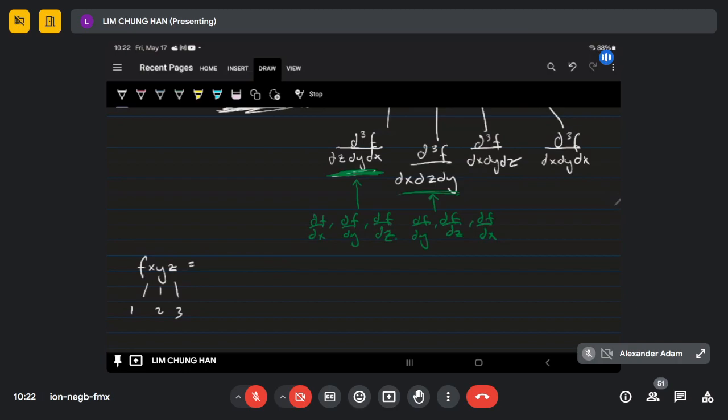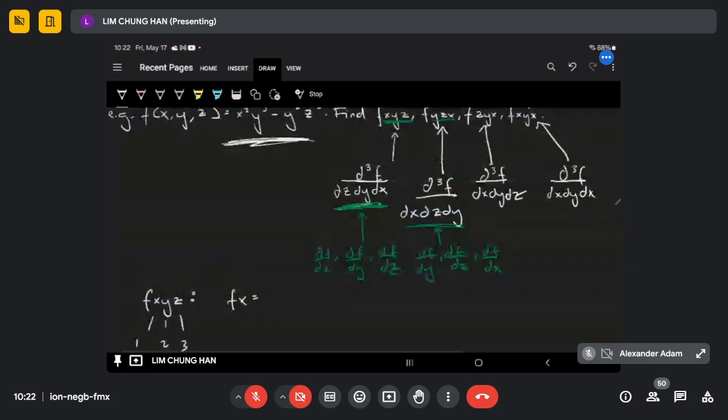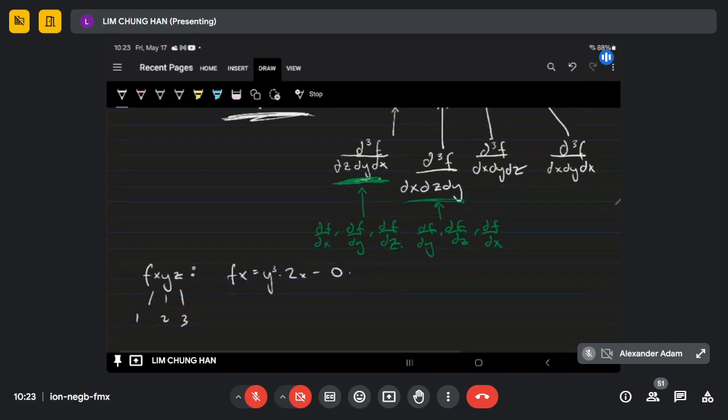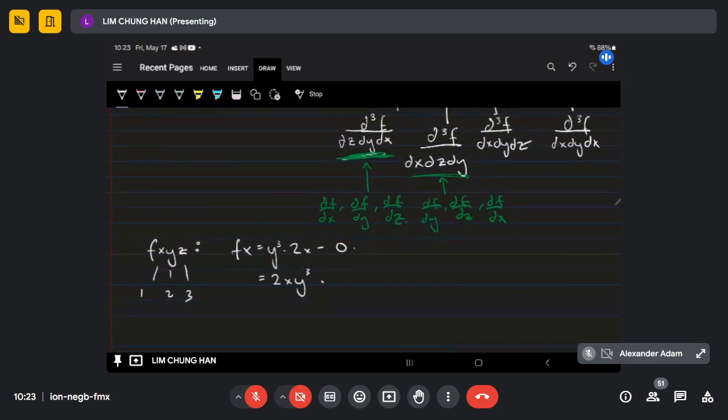You asked it to do f x y z. So we do x first. When I do fx, it's whatever we did just now: y cube times 2x minus 0. So it's 2xy cube. So 2xy cube is the answer.